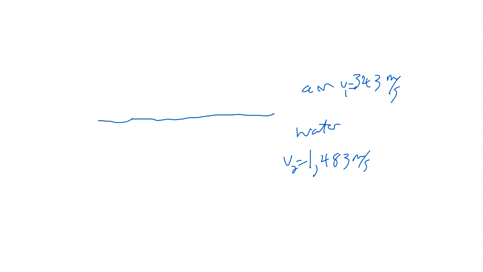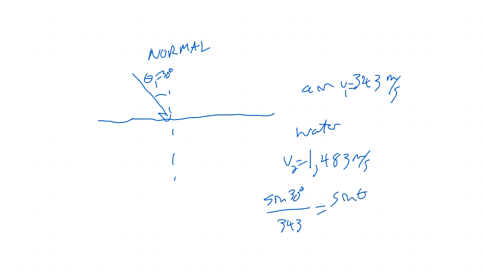So here's my normal line. Step 1, draw the normal. Step 2, let's draw some theta 1. Let's say theta 1 is 30 degrees. If I solve for this, what I get is sine of 30 degrees over 343 equals sine of theta 2 over 1483.